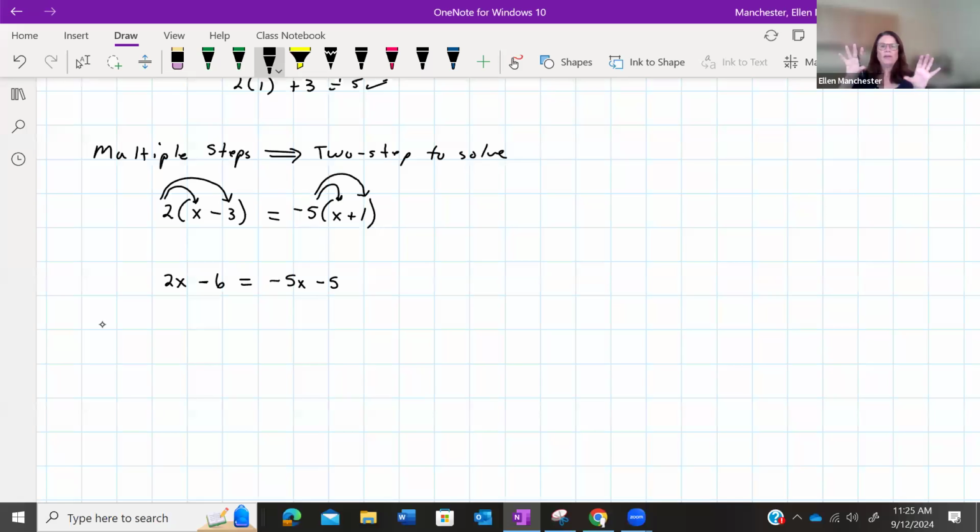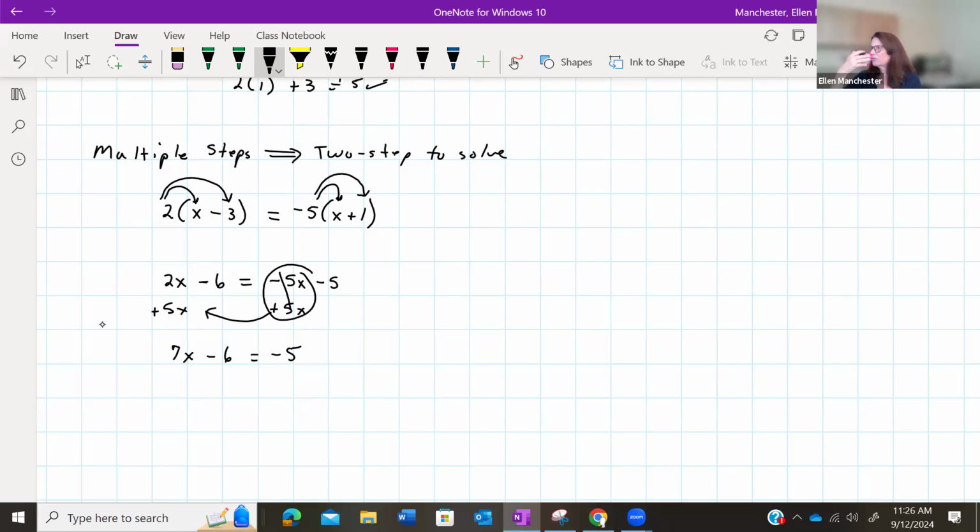So if you notice, you have x's and values on either side of the equal sign. So we're just going to move it across. If I want to move this whole thing, I'm going to add the opposite. I'm not dividing. I'm adding because I'm moving this whole thing over to that side. So I end up with 7x minus 6 equals -5. And now you're at a 2-step equation. Now you know exactly what to do.